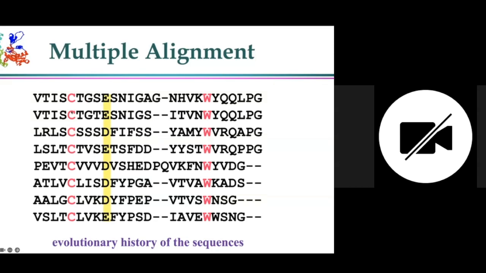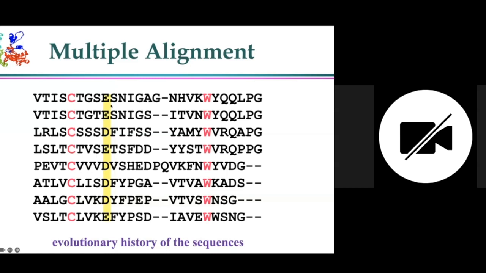In the multiple sequence alignment, all the sequences are handled equally. Then you align them at the corresponding positions. What you see is that at some positions, the amino acids are fully conserved. For example, the cysteine here is fully conserved, and some other positions are also fully conserved.